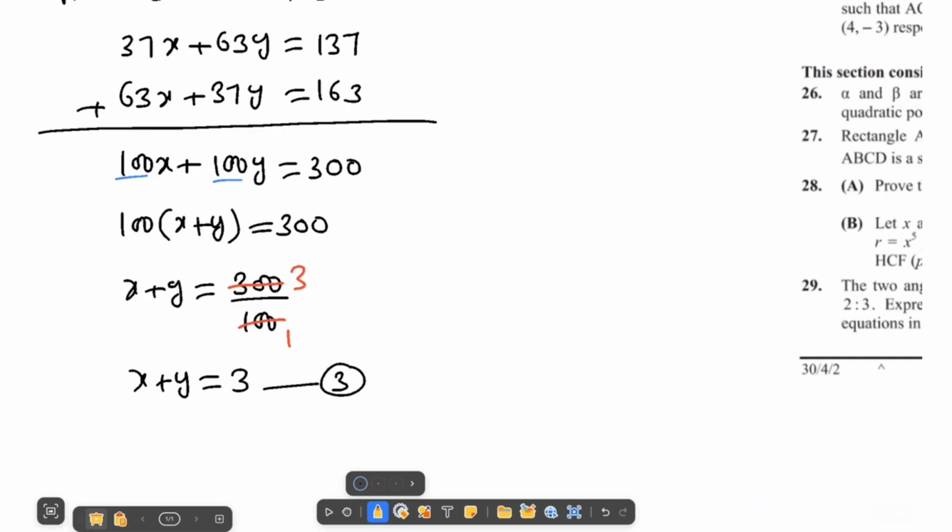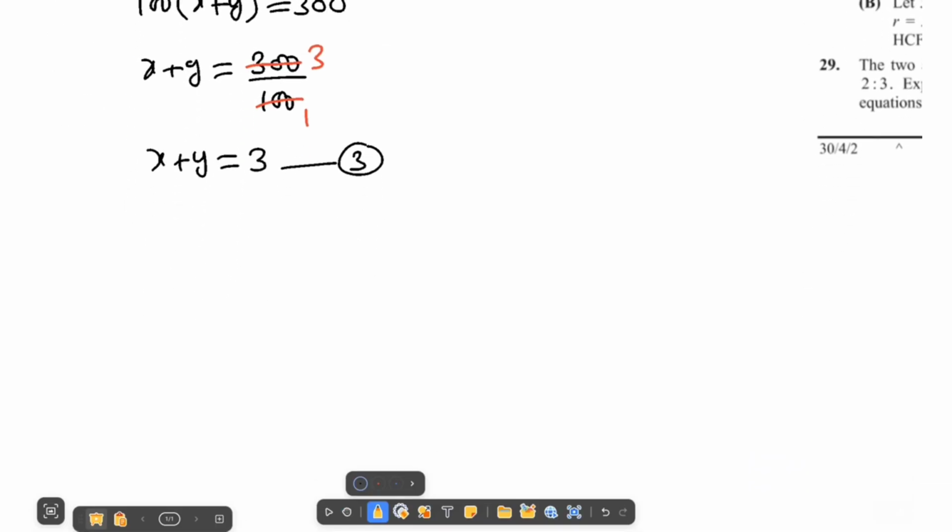Now subtract equation 2 from equation 1. What we have to do is subtract equation 2 from equation 1.